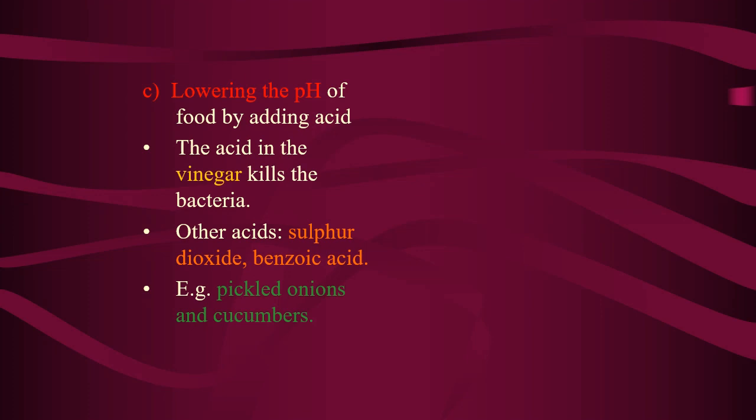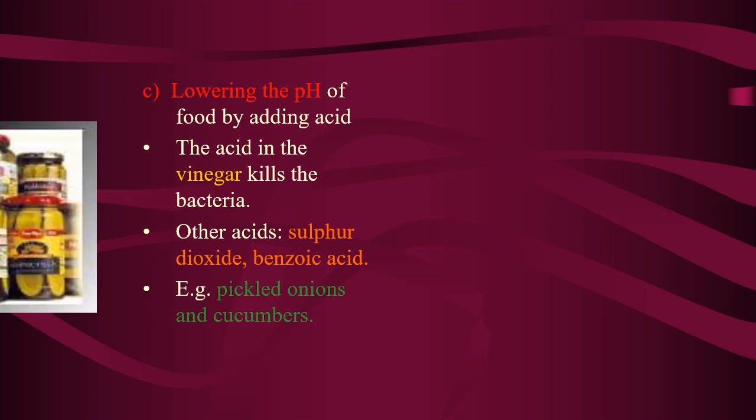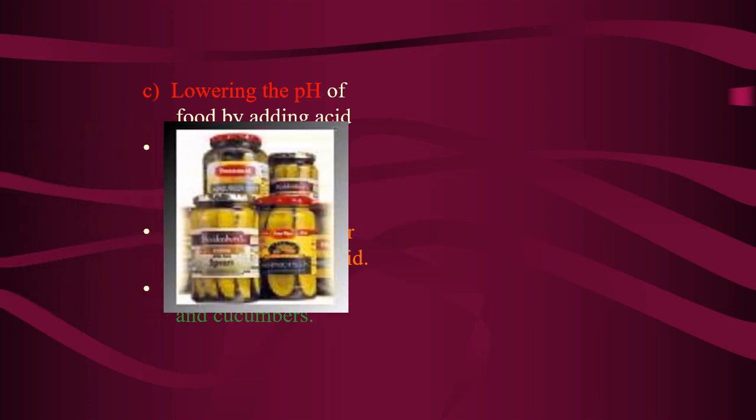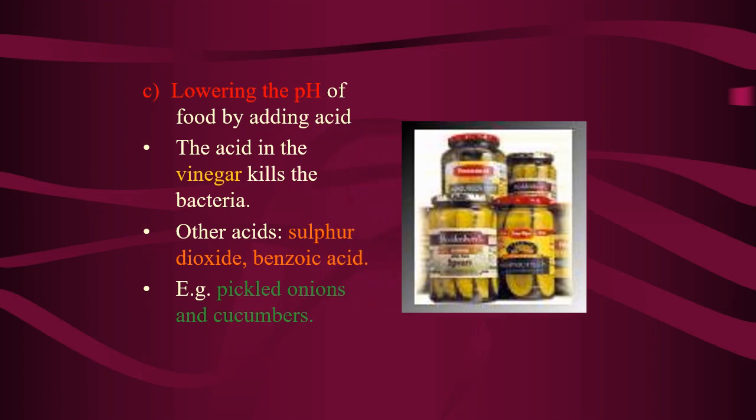We can also add other acids such as sulfur dioxide and benzoic acid. We can observe this in the preparation of pickled onions and cucumbers. These are examples of pickled fruits or pickled cucumbers.